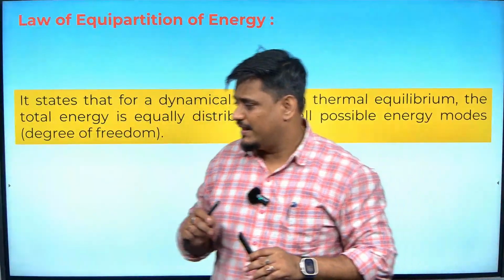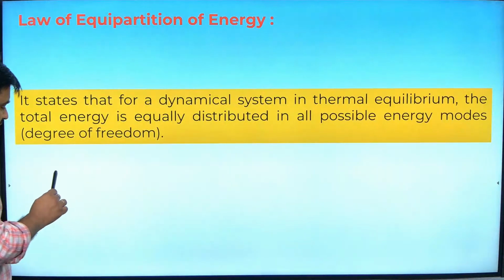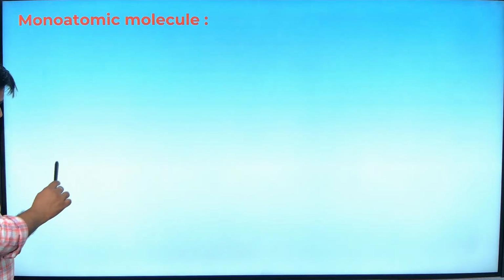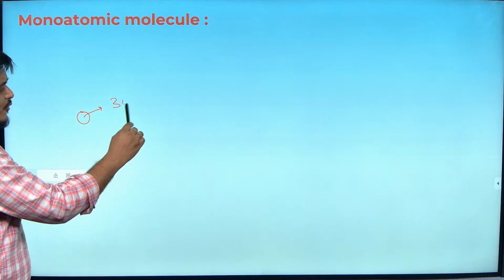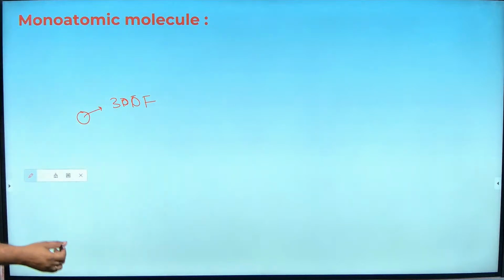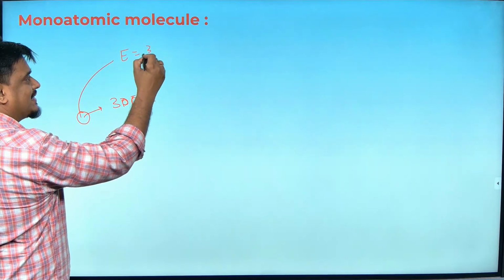So it's very simple to say, for a particular atom, what is degree of freedom? 3. So a particular atom has 3 degrees of freedom. What is its energy? We have learned now. Its energy is 3 by 2 kT, isn't it?